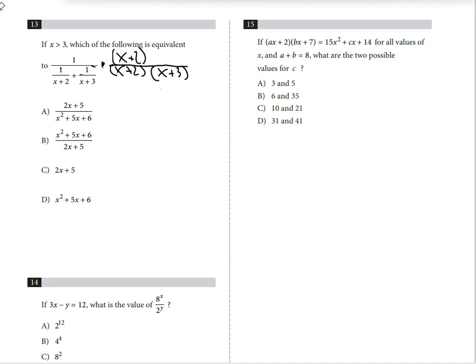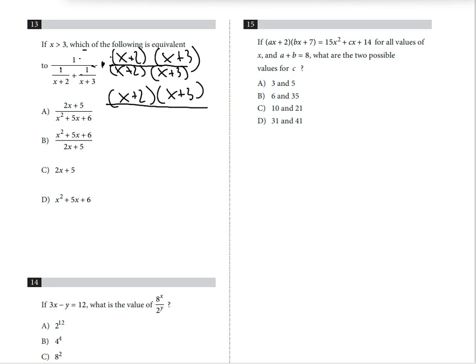But whatever I multiply the denominator by, I have to multiply the numerator by. So I have to put the x plus 3 in the numerator, okay? So let's do this out. Next step, 1 times x plus 2 times x plus 3 just gives us x plus 2 times x plus 3. So that's our numerator.